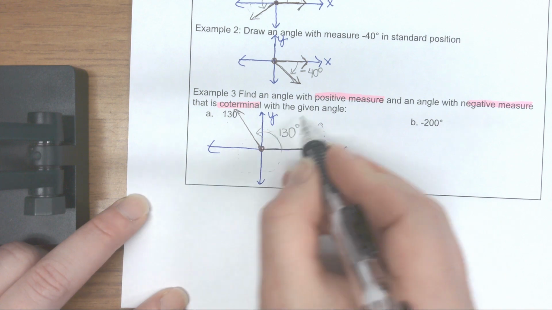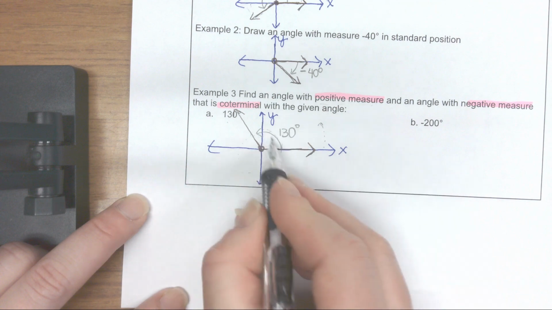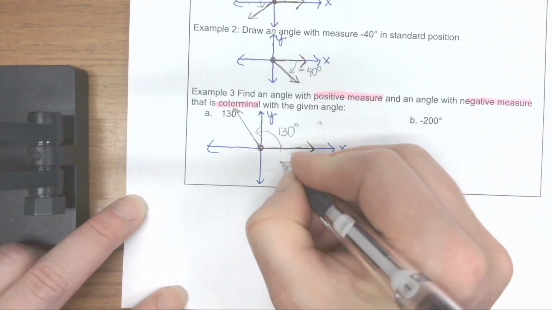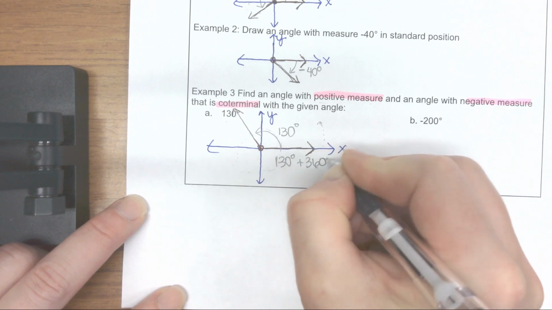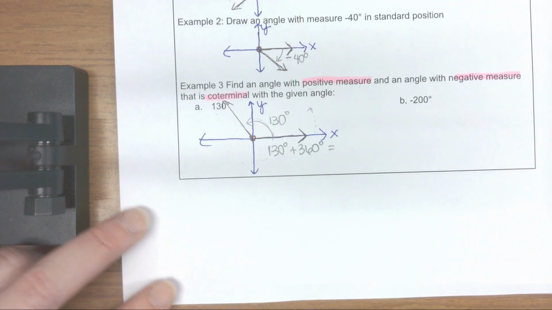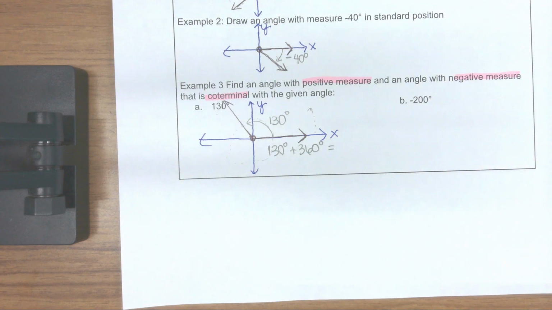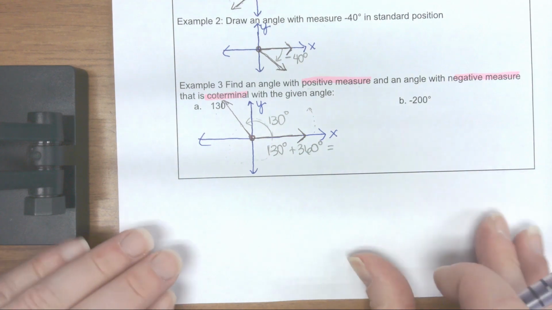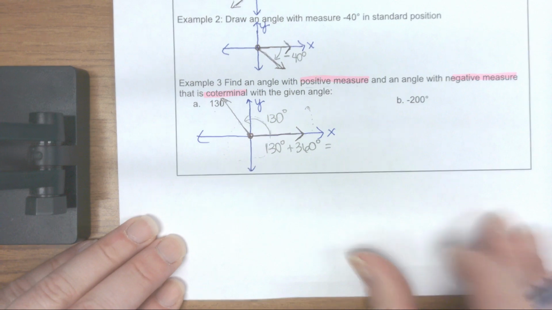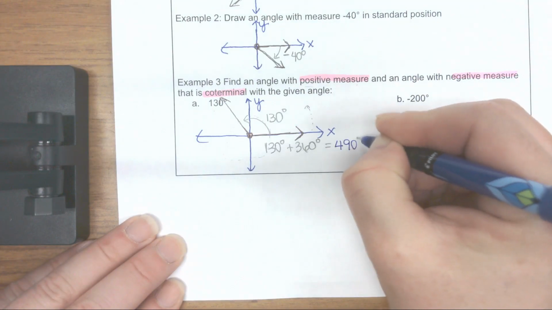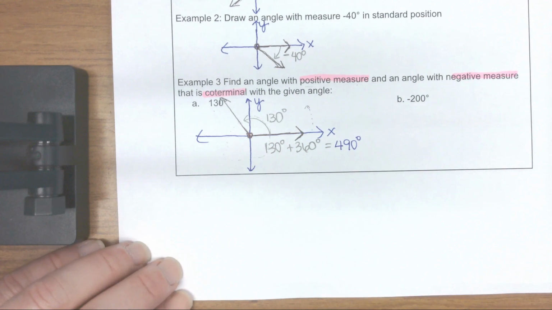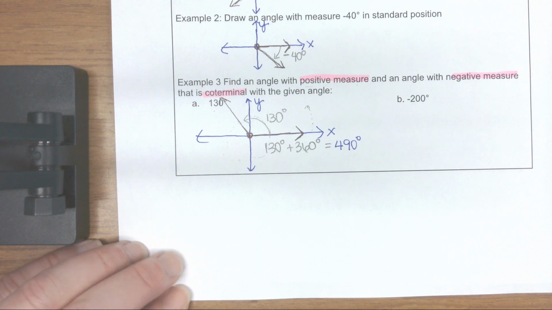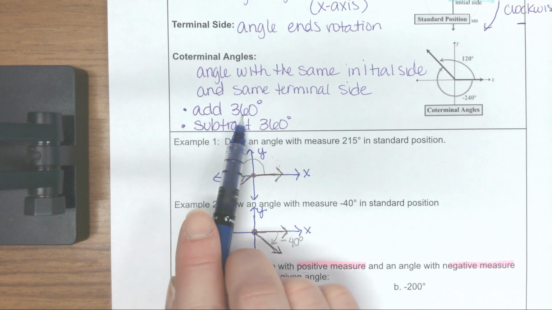So I want to know what's another positive measure that would end here. Well, one of them would be just 130 plus 360. What is 130 plus 360? So 490 and 130 are coterminal. They would look the same on a graph, but they have different angle measures. Remember, all I did was add 360 to get to the same spot.